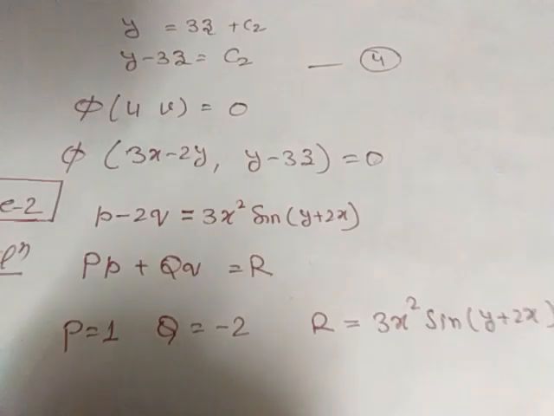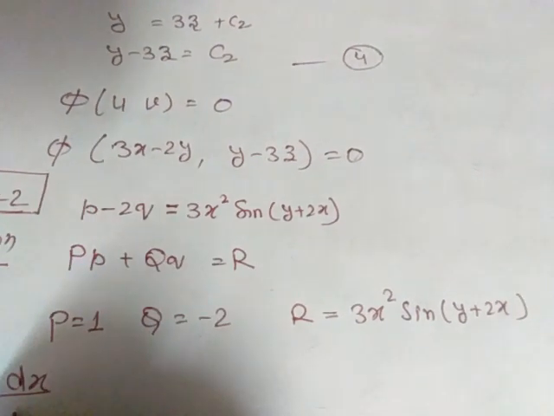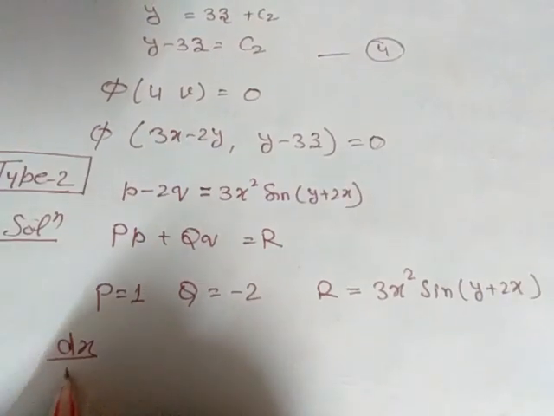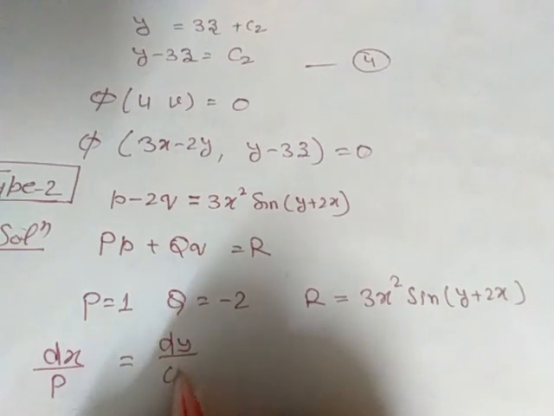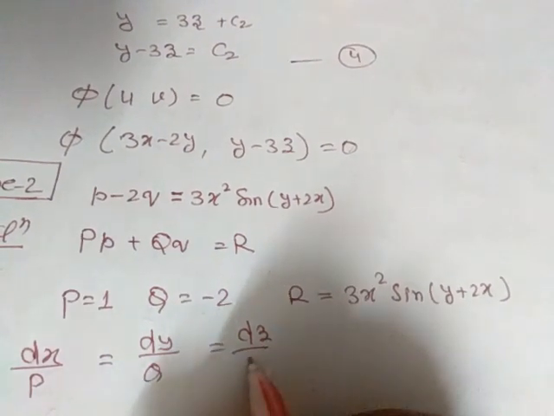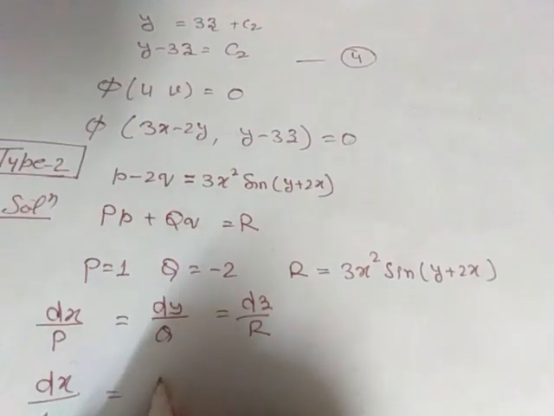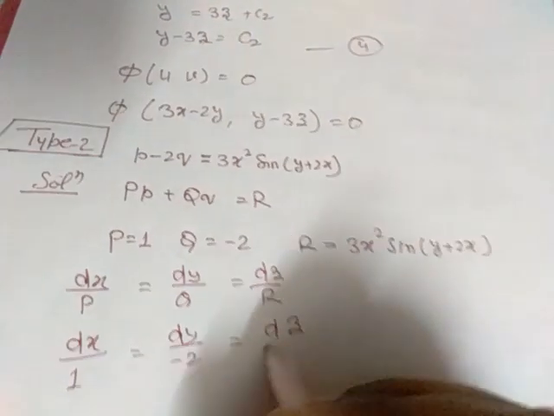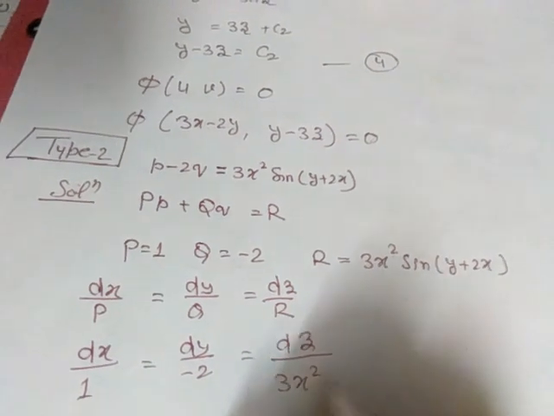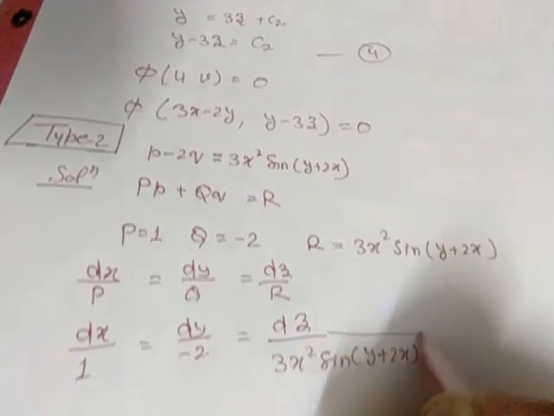Now we will set up Lagrange's auxiliary equation, dx upon P, dy upon Q, and dz upon R. On putting the values, dx upon 1, dy upon minus 2, and dz upon 3x square sin y plus 2x.